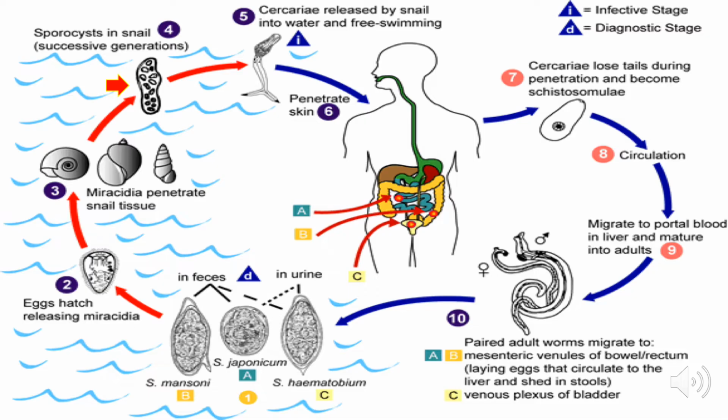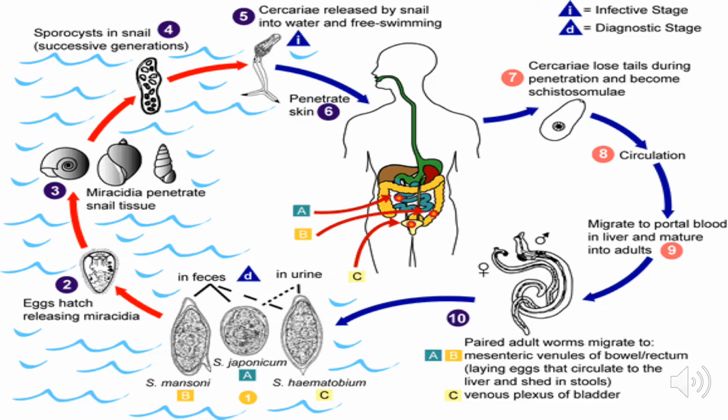Please remember that Schistosoma species do not have the redia stage, and the daughter sporocyst will eventually give rise to the tailed stage, cercaria, and we classify the cercaria of Schistosoma species as furcocercous.